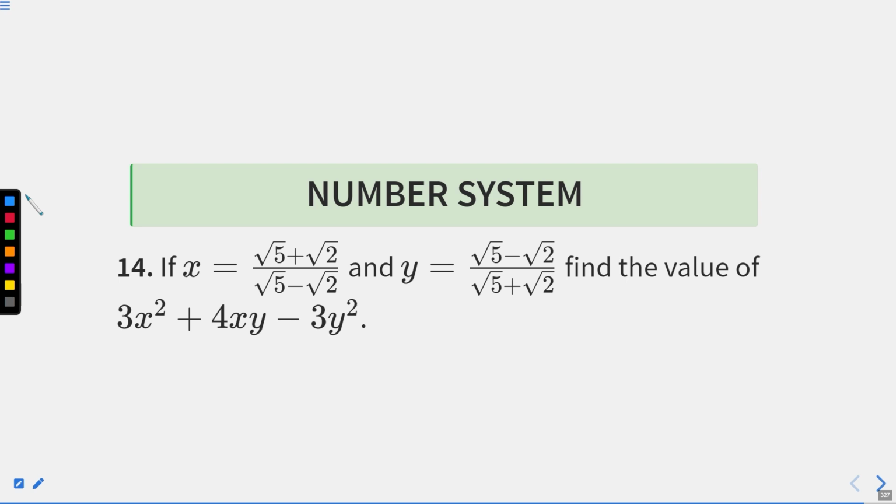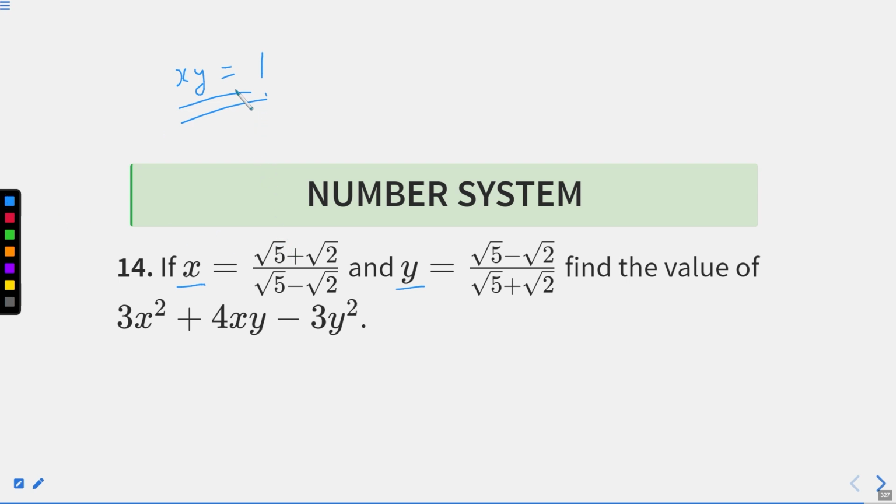I'm not totally solving it for you, but leaving it in the middle, so that you can pick up the process and apply your problem solving skills. So here x is given, y is given. If you multiply x and y, what will you get? 1. Please do see that you will get 1.